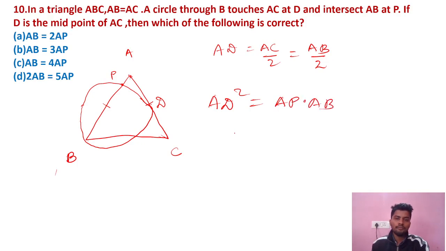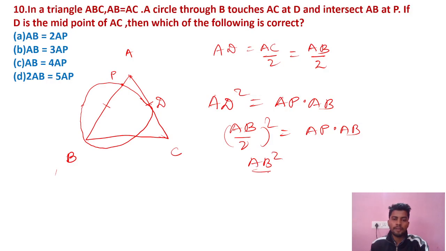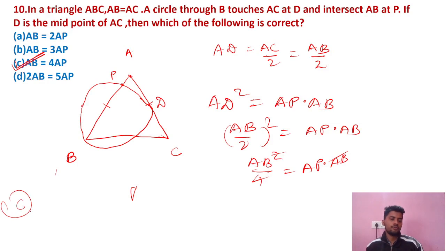And AD is AB upon 2, whole square, equals AP into AB. So AB square by 4 equals AP into AB. So AB will cancel out. So AB equals 4AP. So which is the correct option? Option number C. So C is the correct option.